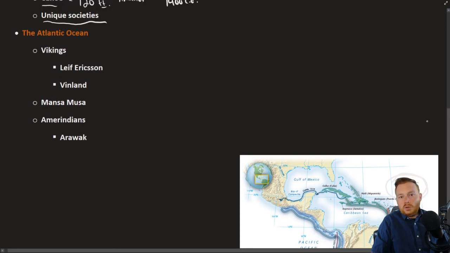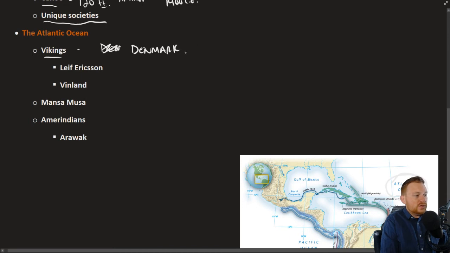Some notable overseas or maritime expansion there included the Vikings, which came from Denmark, Norway, Sweden. You know, these are the areas that we're talking about. This is Europe, or falls under the umbrella of Europe.